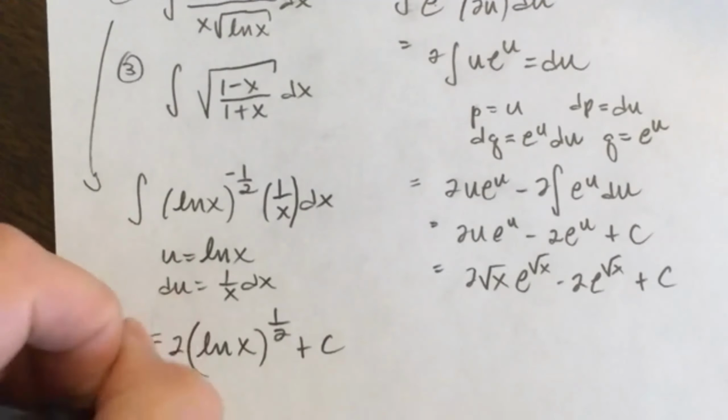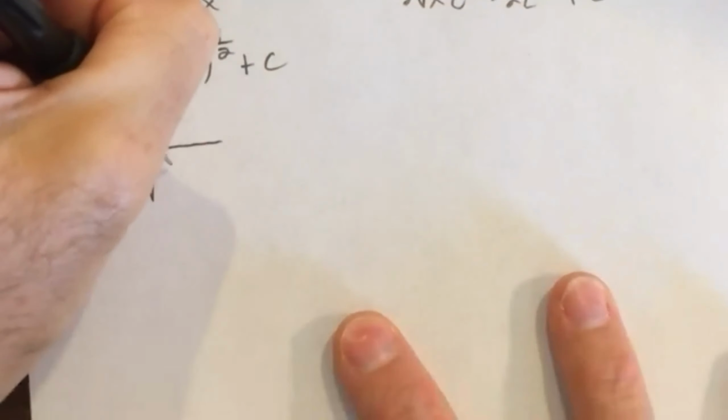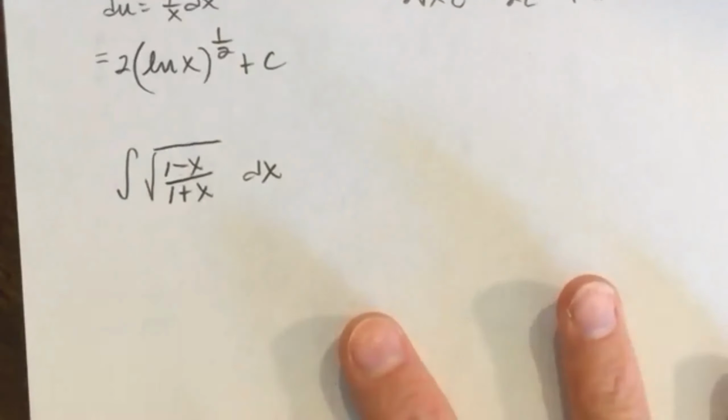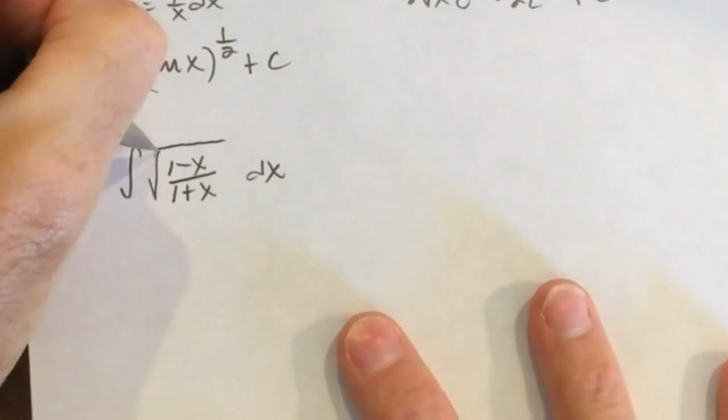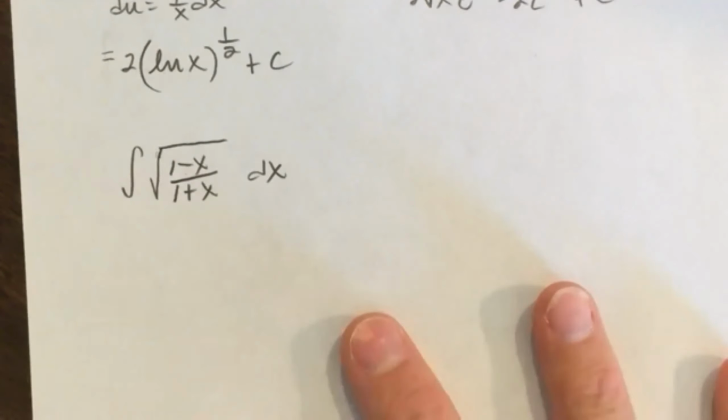Here's the trick. If we need the integral of the square root of 1 minus x over 1 plus x, then normally I would ask what is causing me the most grief. And the root is causing me the most grief.